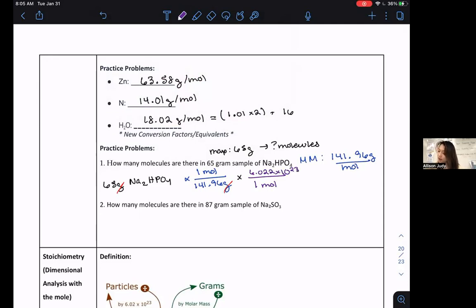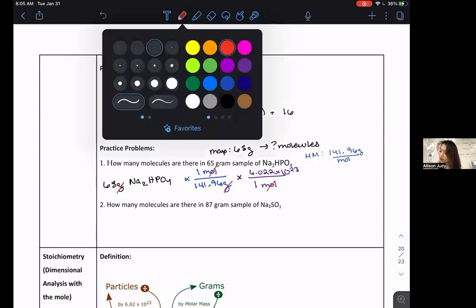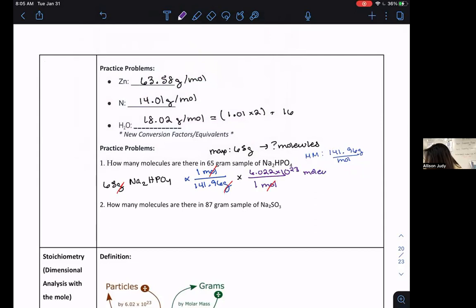Now when I partner it with a second, successive unit conversion, I see my moles cancel out, and all I'm left with is molecules of Na2HPO4.